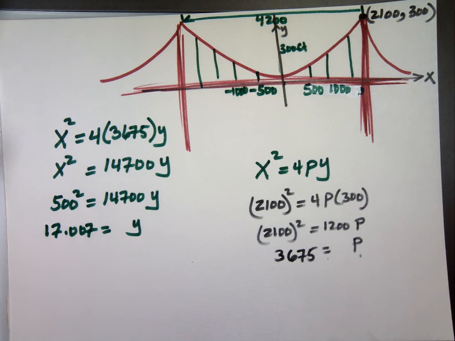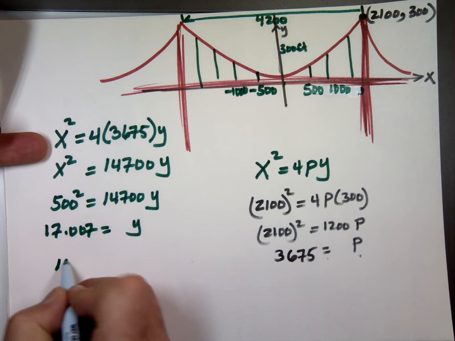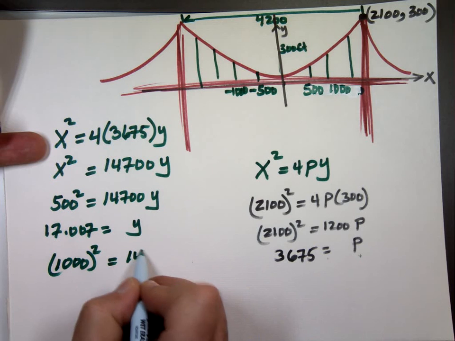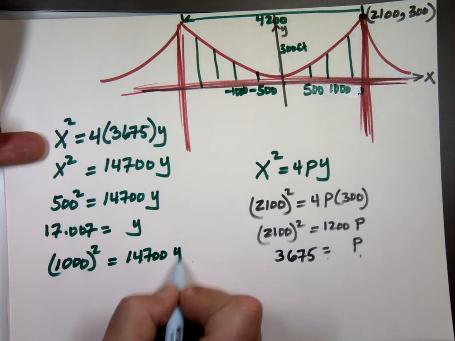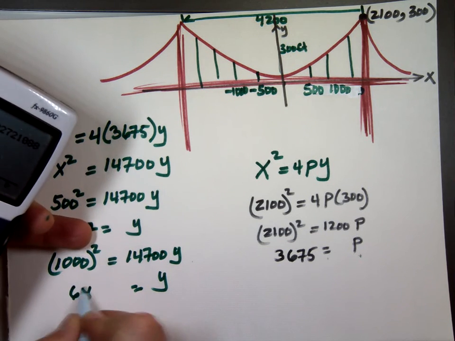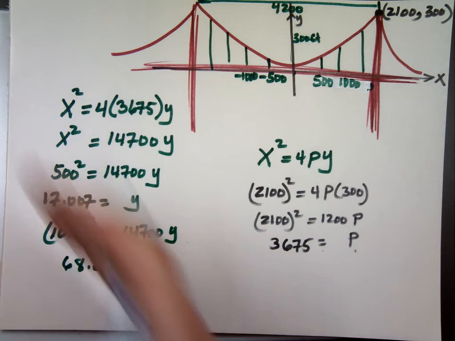It's going to be one here and one there. The next piece, how far is it from the center? 1,000. 1,000 squared equals 14700y. Can we get what y is? That's 1 million divided by 14700. 68.03 feet high. Two of them, one on each end. The next piece, the next piece, the next piece.